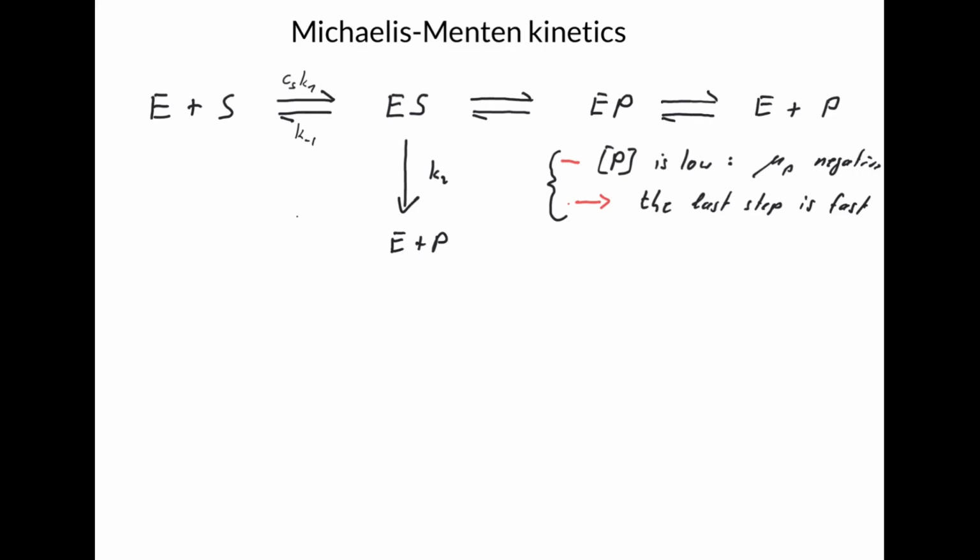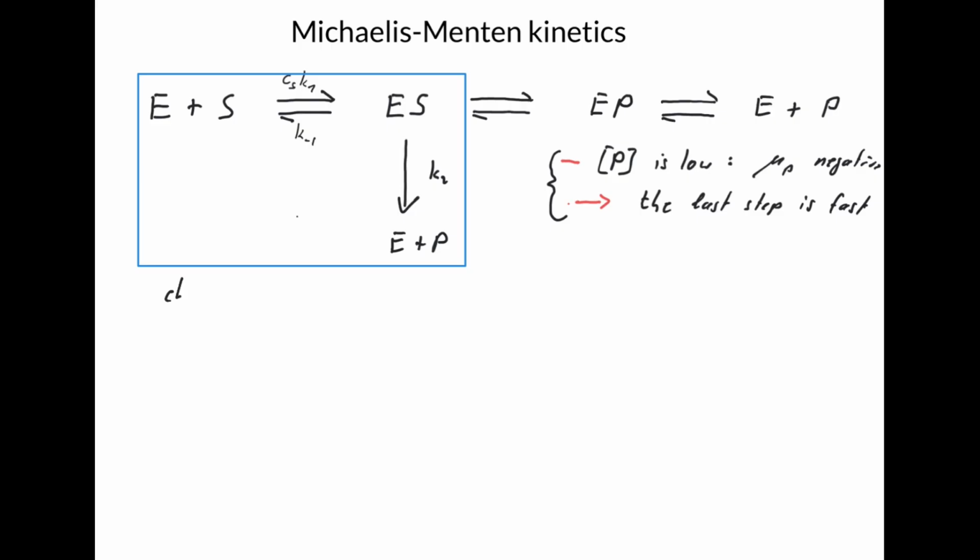And finally, the last step, where the substrate is turned into the product and the product is released from the enzyme, is characterized by a rate constant k2. Now what we could look for is the change in occupation, so bound substrate, of the enzyme.